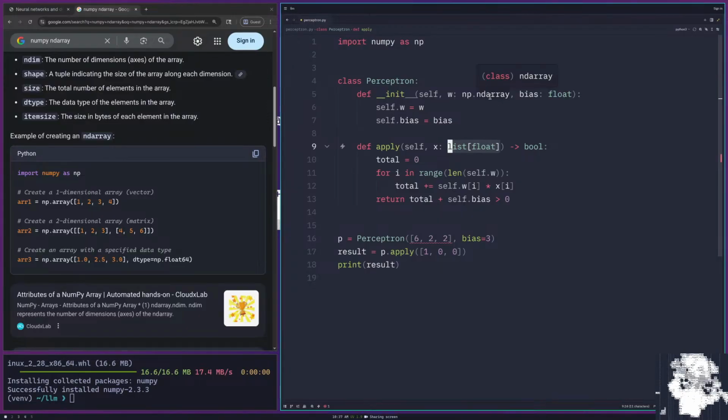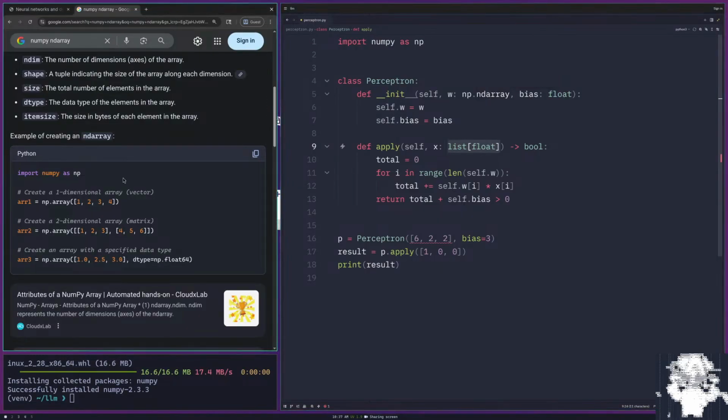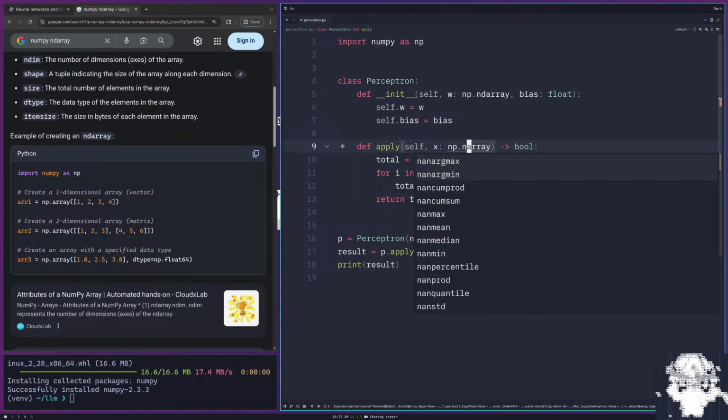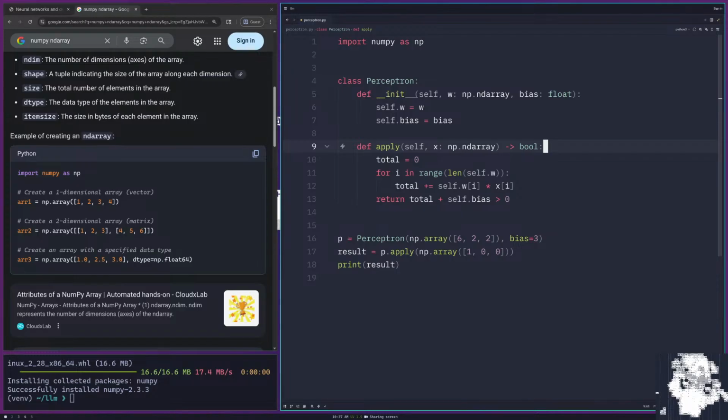So I should put ndarray in my type signature, but I should just call np.array when I'm initializing it. So this will be np.array, and we'll do the same here. So x should be an ndarray. Okay.